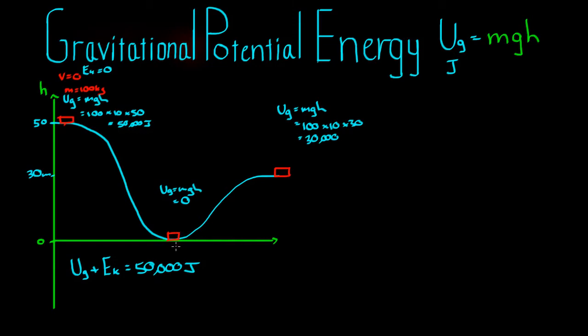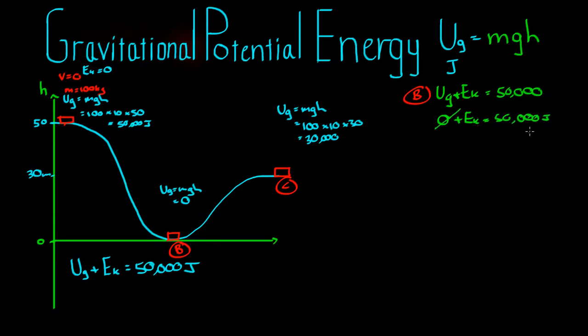We'll call this point B and this point C. So point B, UG plus EK equals 50,000. The energy is conserved. The UG in this case is 0, so 0 plus EK equals 50,000 joules.